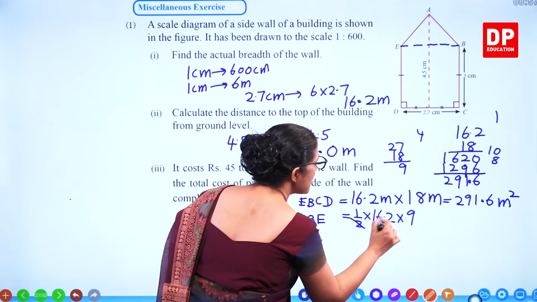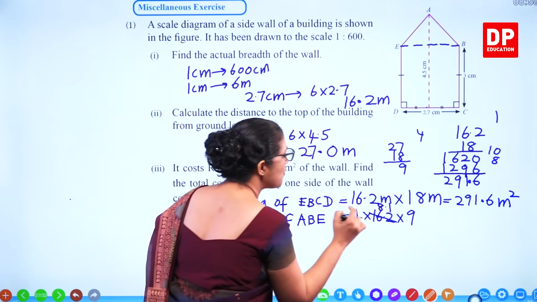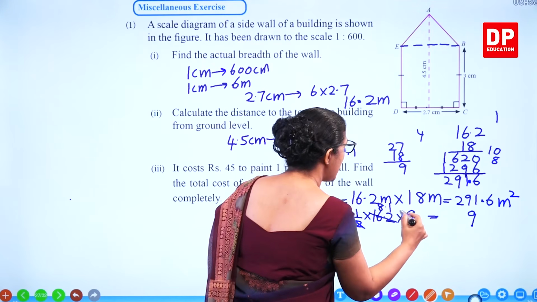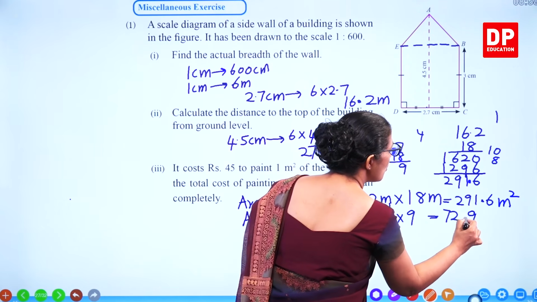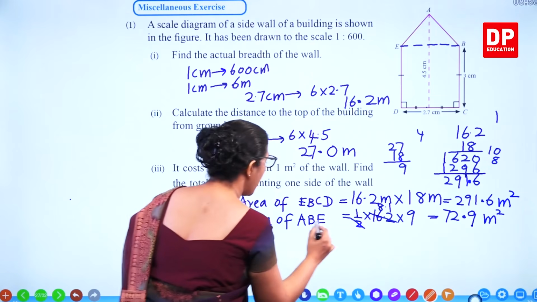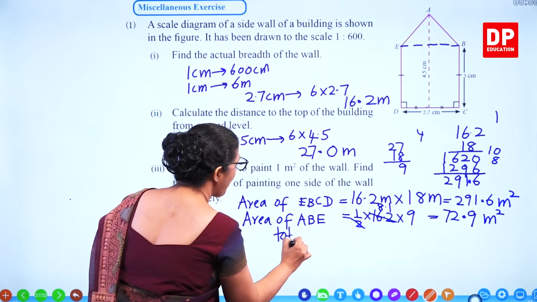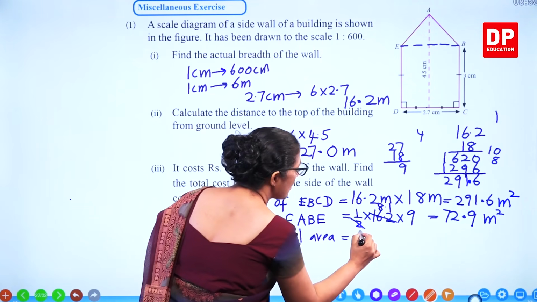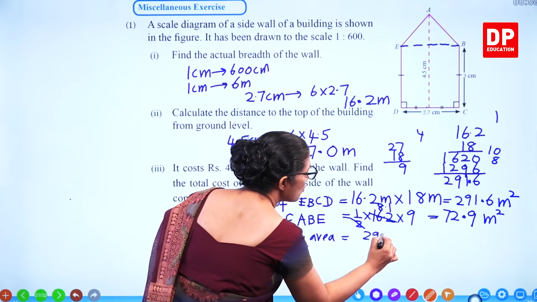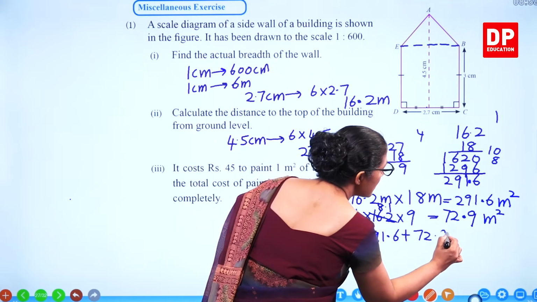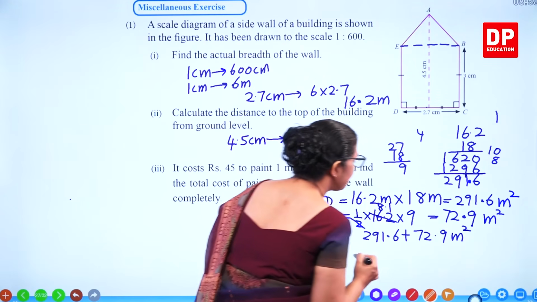So half of 16.2, 2 times 8 and 2 times 1. So 9 times 1, 9. 9 times 8, 72. So 72.9 square meters. So the total area you can add it to 291.6 plus 72.9 square meters.